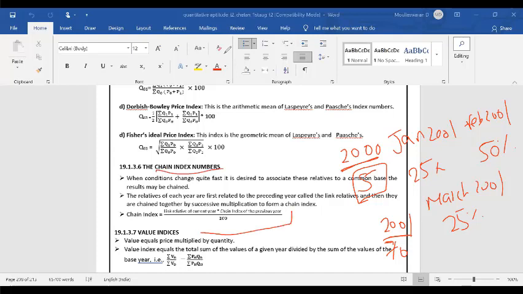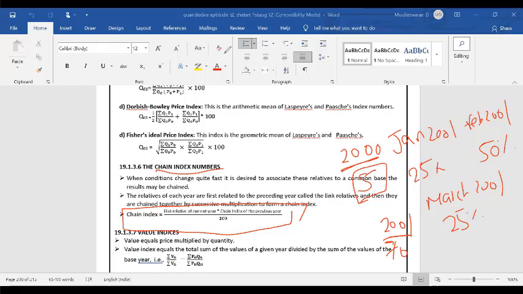Okay, note down this formula for chain index number. Yes, sir.